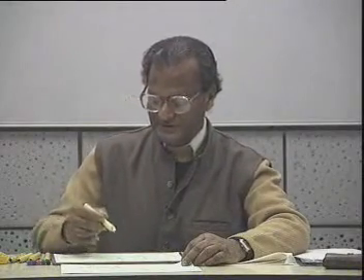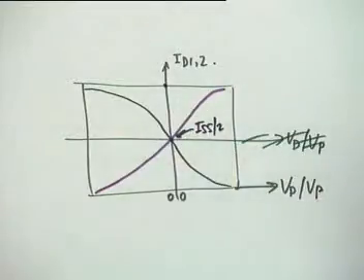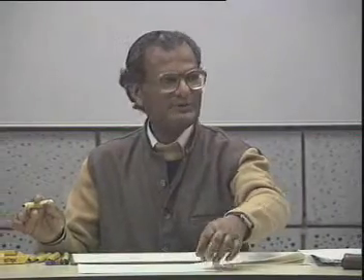Otherwise it will be modified by IDSS, but that is not important. What is important is that the plots are very similar, and therefore all that is said about the BJT differential amplifier also applies here.